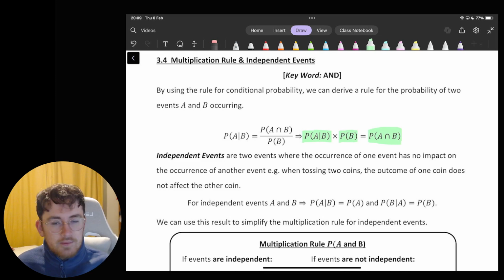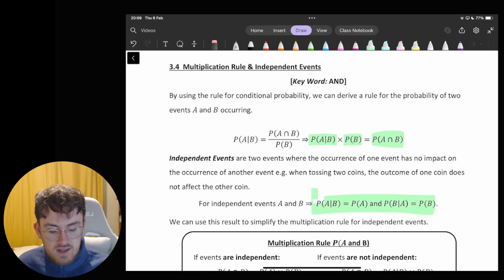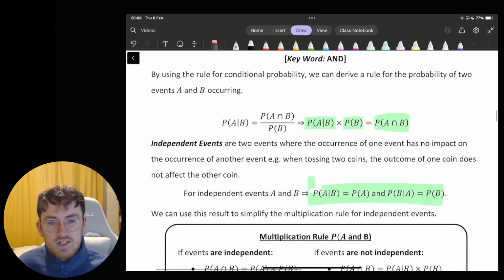The probability of one happening given another is still just the probability that that one happens. The fact that the other event happens has no bearing. And that's what we're getting at with this extra line here. The probability of A given B is just the probability of A. The probability of B given A is just the probability of B. So neither really matters. It doesn't matter that B has happened, it doesn't matter that A has happened, it doesn't change the probability for the original event.